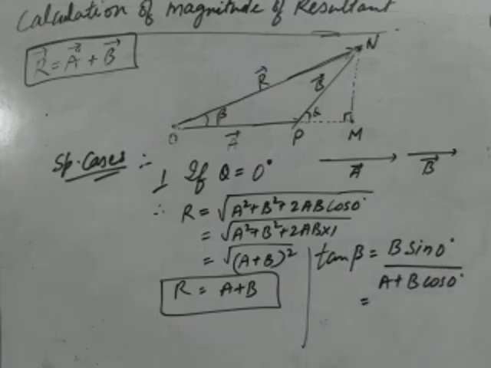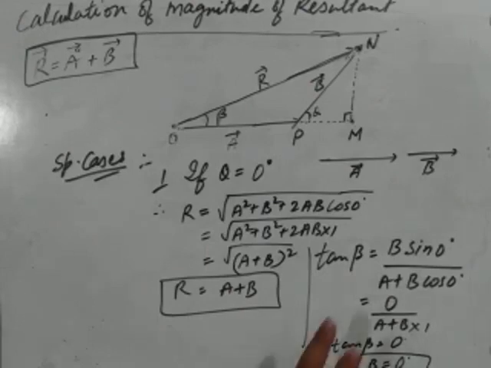Sine 0 is equivalent to 0, so 0 into B becomes 0, 0 upon A plus B. Cos 0 means 1. So therefore tangent beta equal to 0, or beta, that is the direction of the resultant, is again same as that of the given two vectors, since it makes an angle of 0 degree.